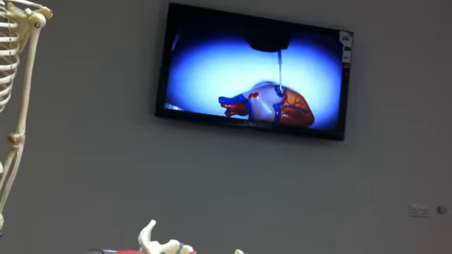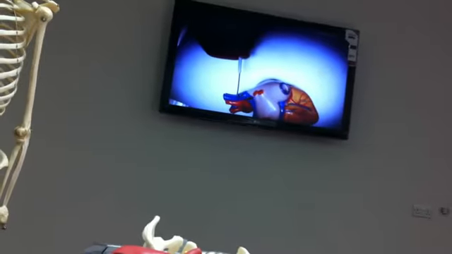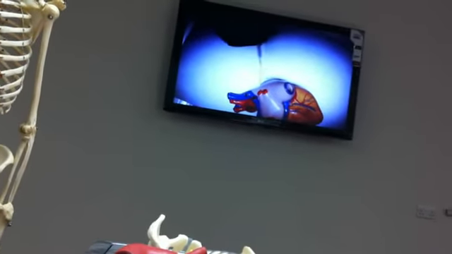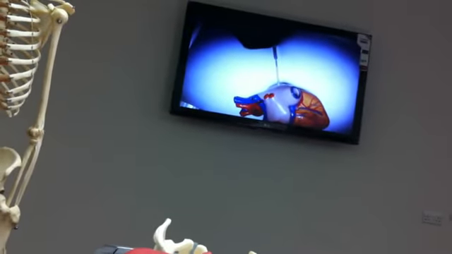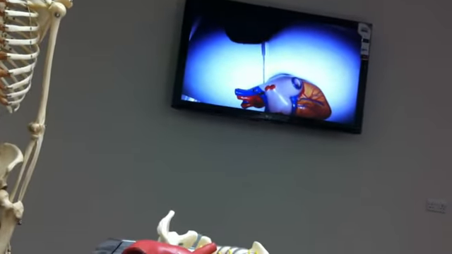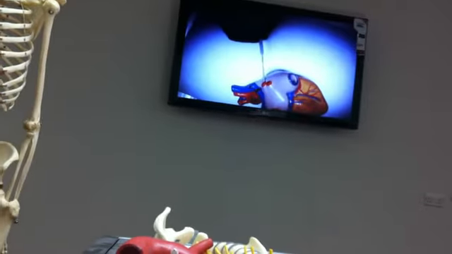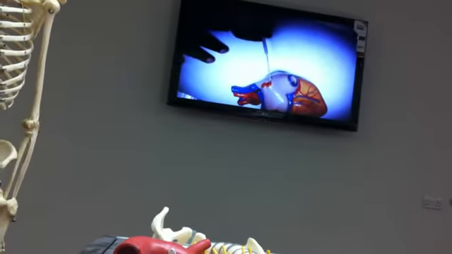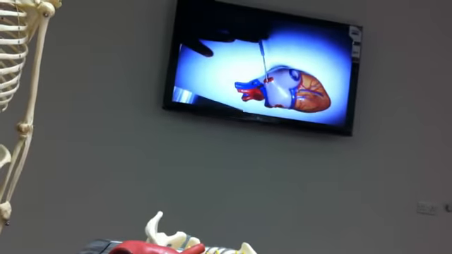This is the inferior vena cava, and this is the superior vena cava, and this is the right atrium. There are two veins here, red in color. This vein is the right pulmonary vein.